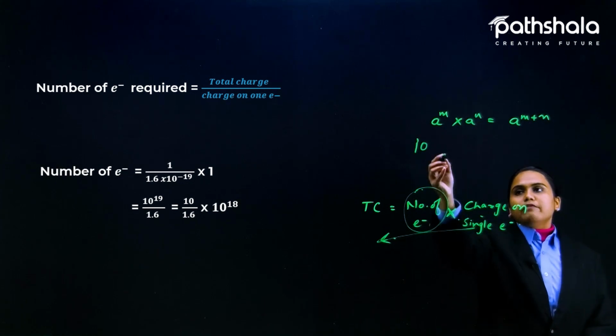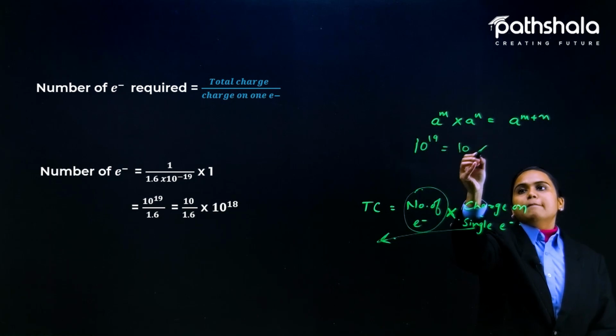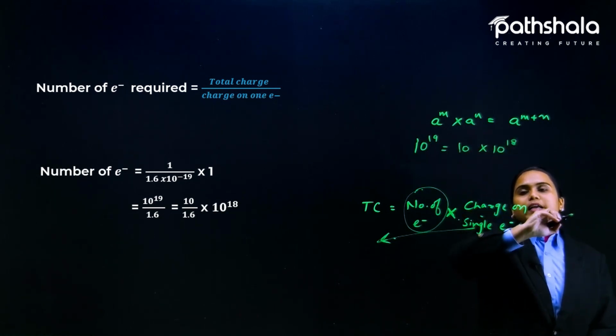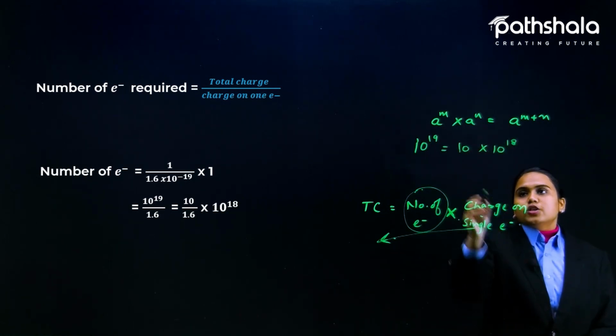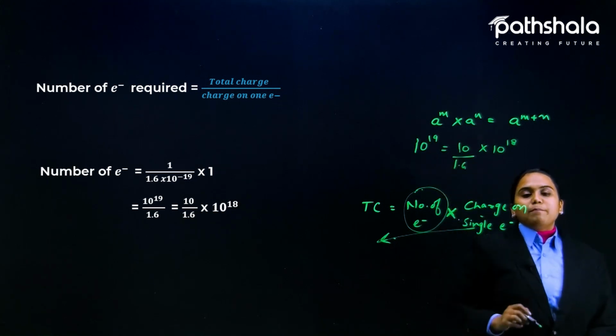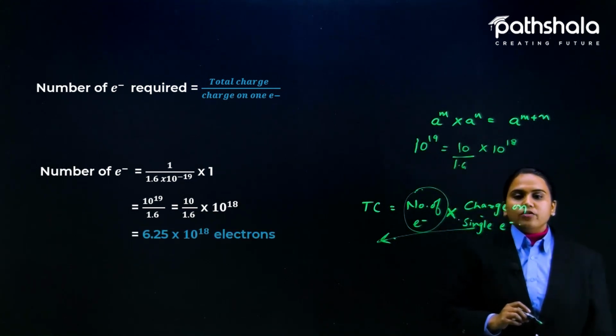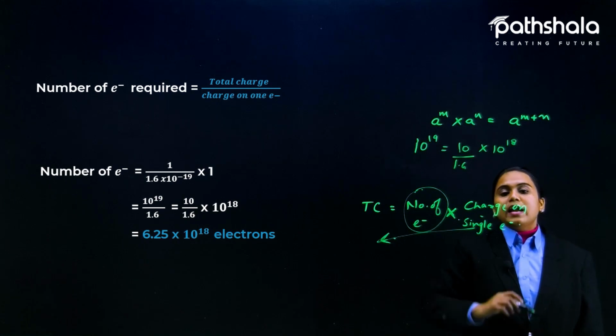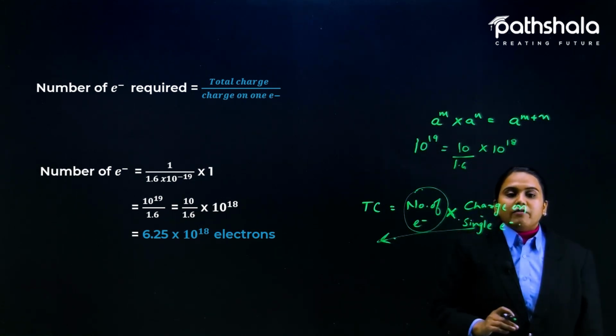In the same manner, 10 to the power 19 can be written as 10 multiplied by 10 to the power 18. Am I right? Yes. So dividing by 1.6 will give you the value 6.25 multiplied by 10 to the power 18.